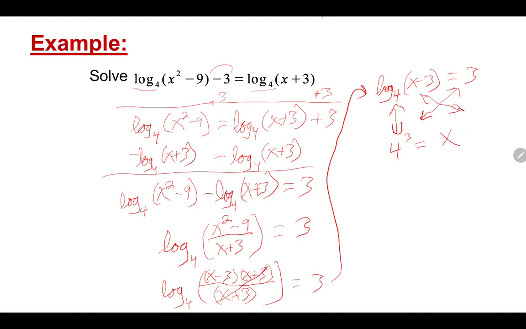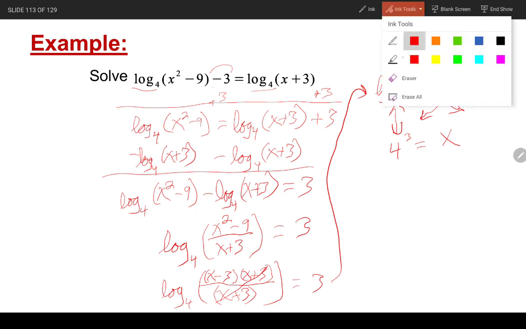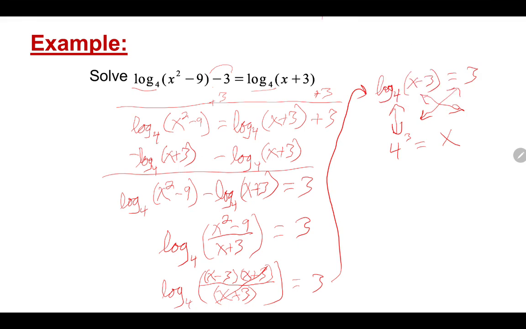See if I can get the writing instrument back, and then ink. There we go. So x minus 3, and I don't know if you know what 4 cubed is. 4 cubed is 64. It's basically 4 times 4 is 16 times another 4, which is 64. So 64 is equal to x minus 3.